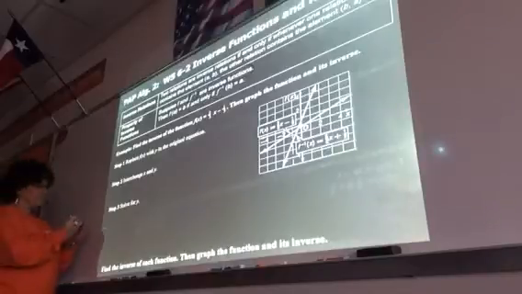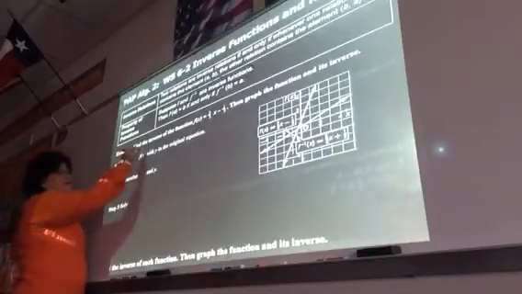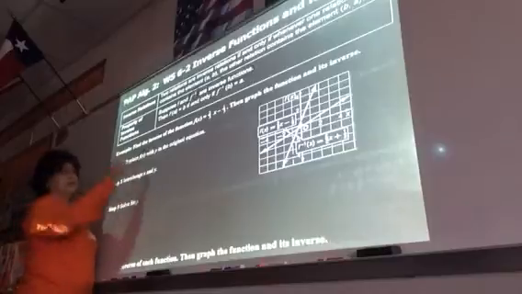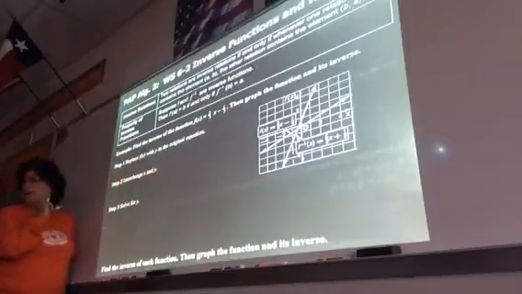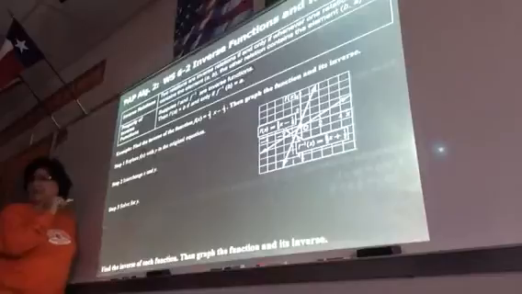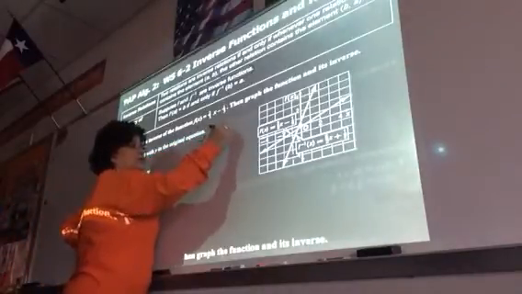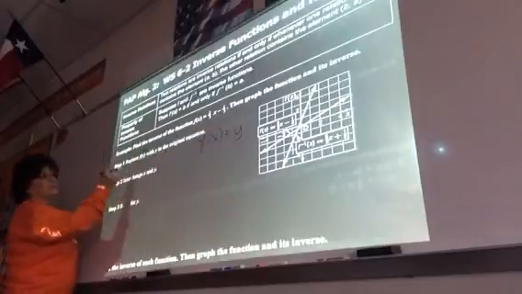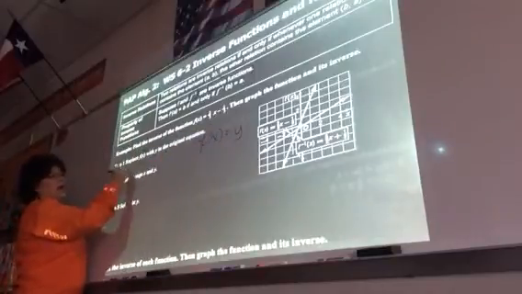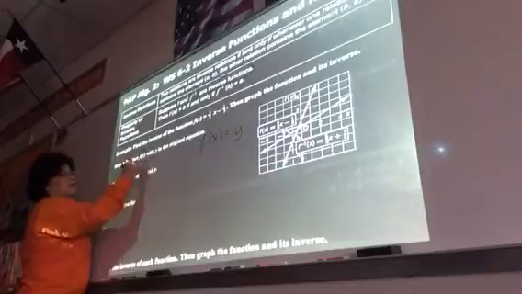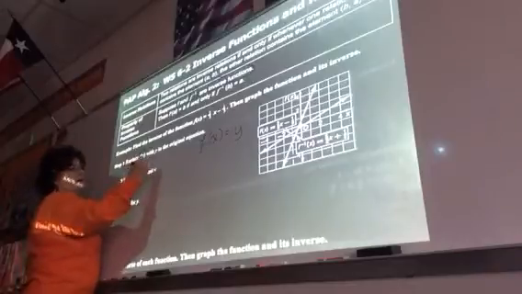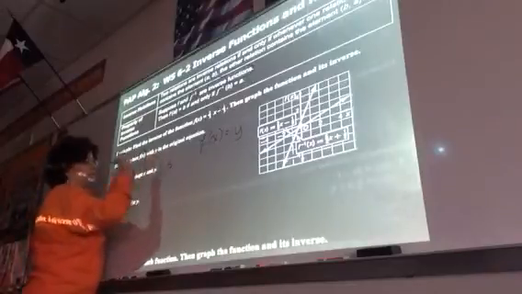The first step, let's replace our functional notation with a regular y. Everybody is comfortable with the fact that f of x just equals y. So here we go. y equals 2/5 x minus 1/5.